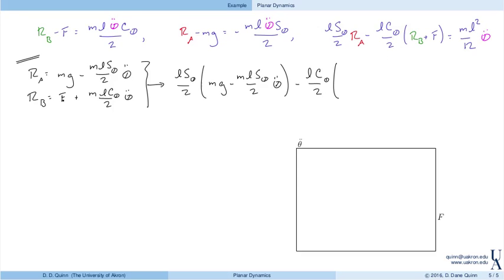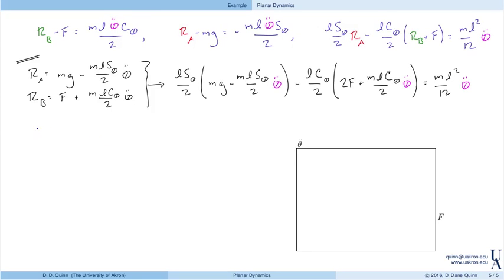So notice that I'll have RB, which is F plus this quantity, and then I have another F, so I'll just write that as 2F plus ml cosine theta over 2 theta double dot equals ml squared over 12 theta double dot. So here I'll take these terms that depend on theta double dot over on the left hand side. I'll move them to the right, and I will solve for theta double dot.